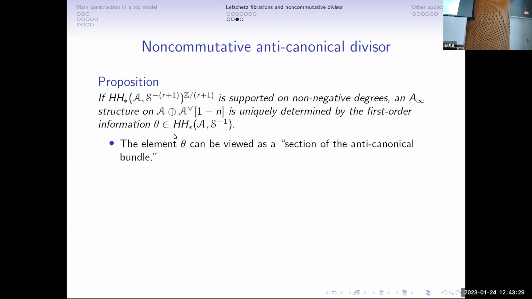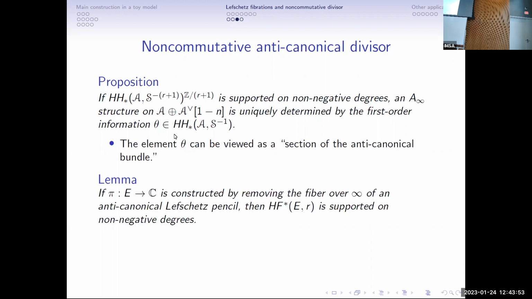And that's why we have the notion of non-commutative anticanonical divisor. Okay, so the main takeaway from this proposition is if this kind of Hochschild homology is supported on non-negative degrees, the deformation problem, this extension problem we want to solve is quite simple.